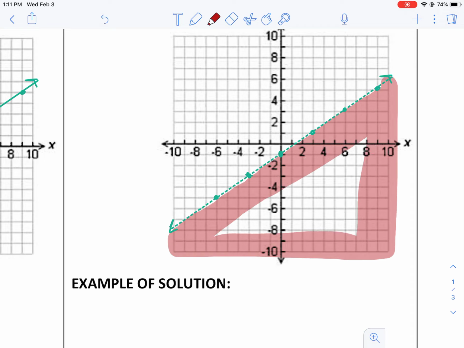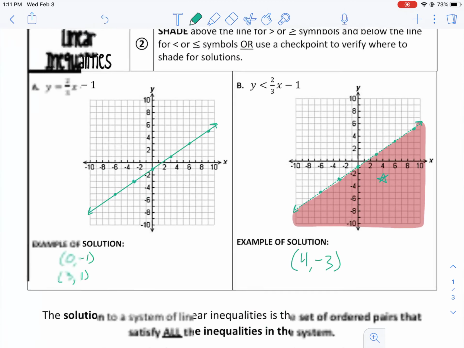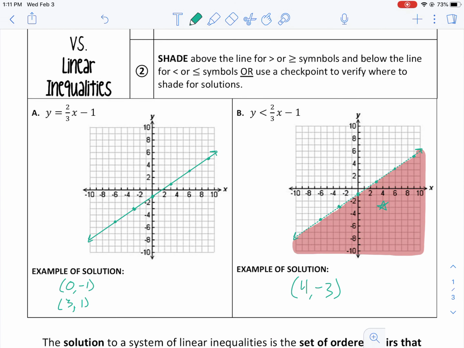Now, obviously, if it was greater than, you would be shading the whole area that is greater than the line. All right? And here, the solution can be anywhere in the shaded area. All right? So I usually tell students, draw a star. So where did I draw the star? I drew that star at (4, -3). Okay? And so that's kind of how you can do this.